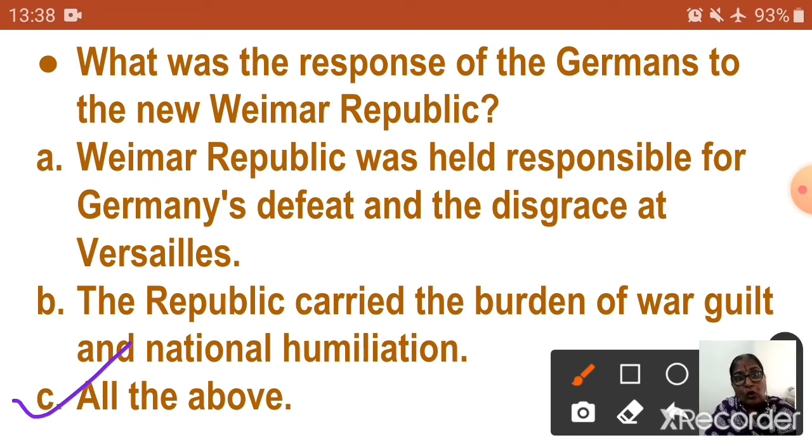Because people thought that whatever problems and humiliations the Germans were facing, or the situation that prevailed in Germany, was just because of this Weimar Republic government. They accepted the Treaty of Versailles, so they were very much unhappy with it.